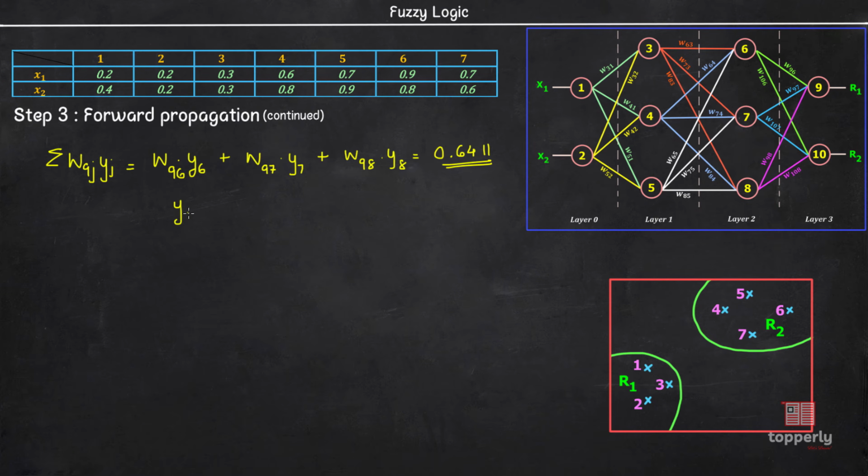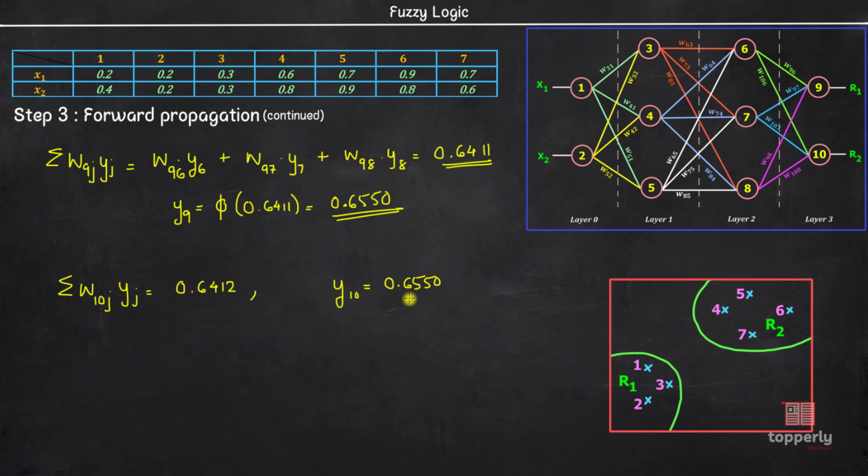So y9 is equal to phi of 0.6411, which is equal to 0.6550. In similar fashion, we will get y10 also. Sigma w10j into yj is equal to 0.6412 and y10 is equal to 0.6550.